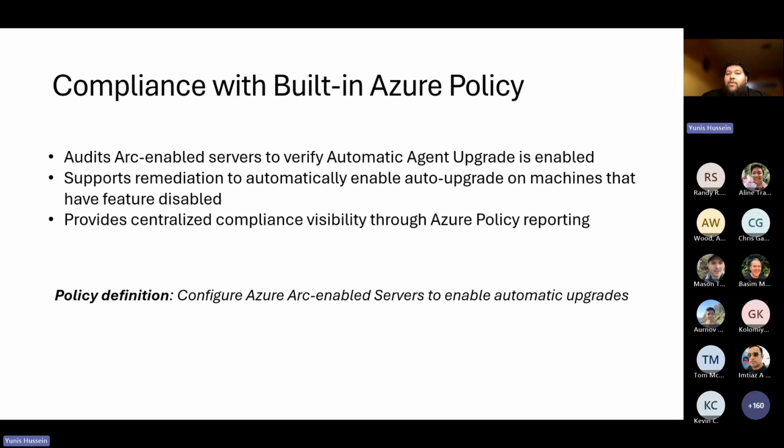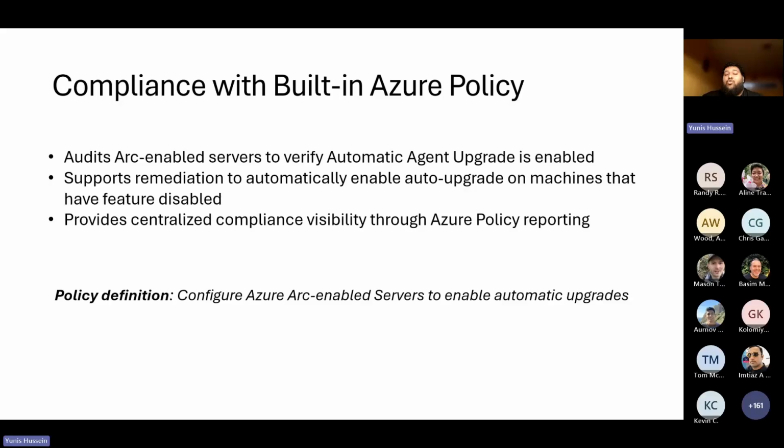First, going over the built-in Azure Policy, it is now available to ensure that the auto upgrade feature is enabled on all machines within the given scope. Besides simplifying the at-scale enablement via auto remediation, which can be set for machines that are non-compliant before the policy was set, as well as machines that are not enabled after the policy is set, you also have a centralized compliance view through Azure policy reporting.